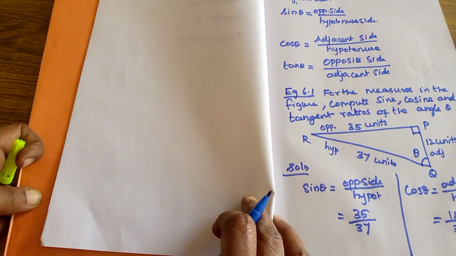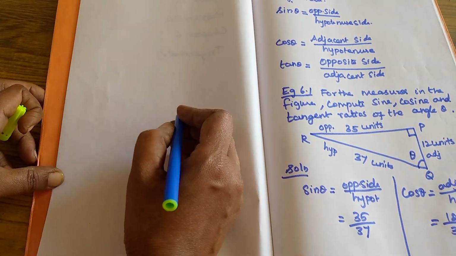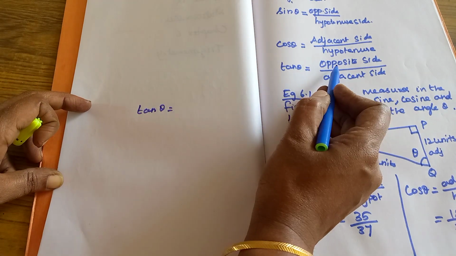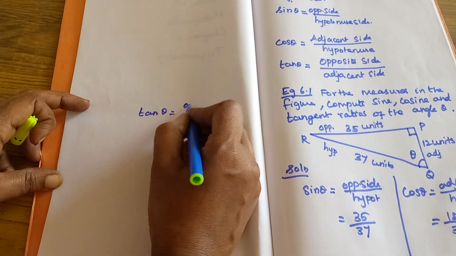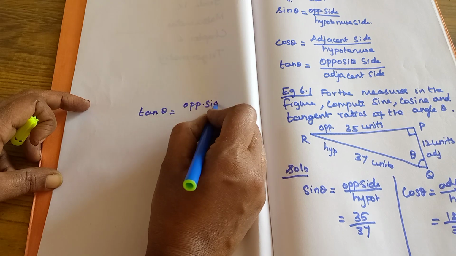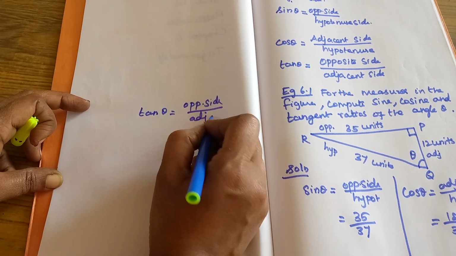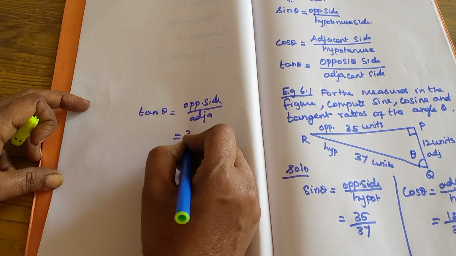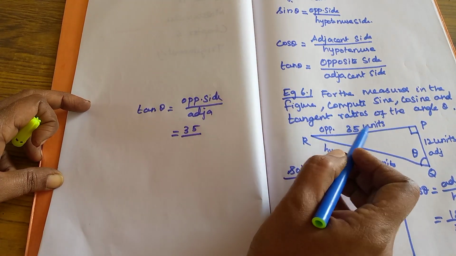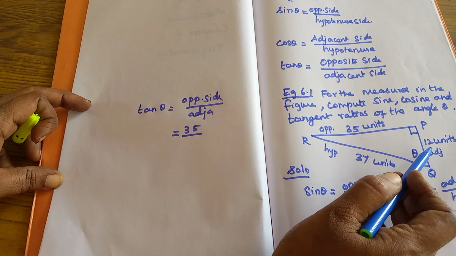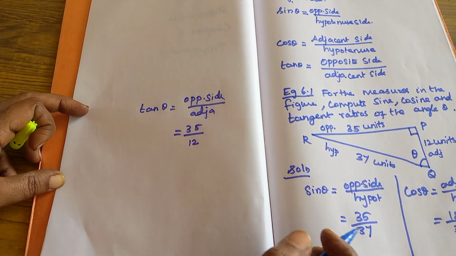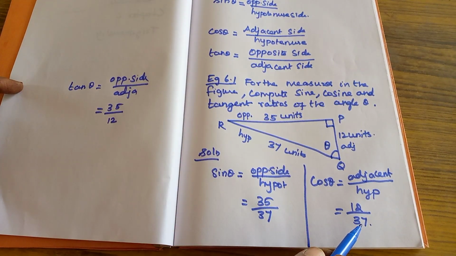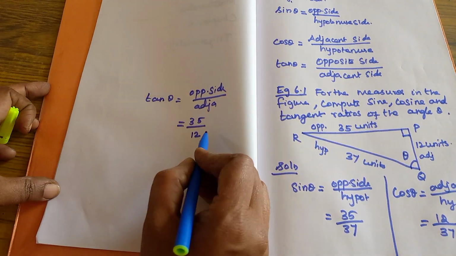What is the tan theta formula? Tan theta is equal to opposite side by adjacent. The opposite side is 35, the adjacent is 12. So sin theta equals 35 by 37, cos theta equals 12 by 37, and tan theta is equal to 35 by 12.